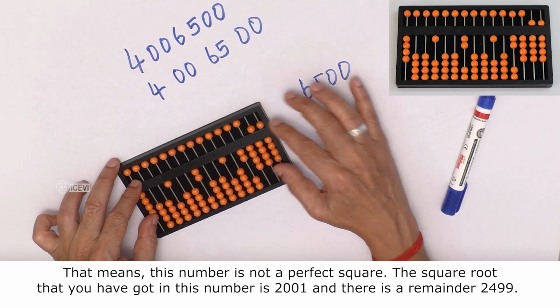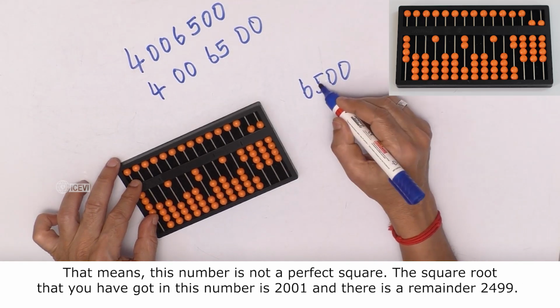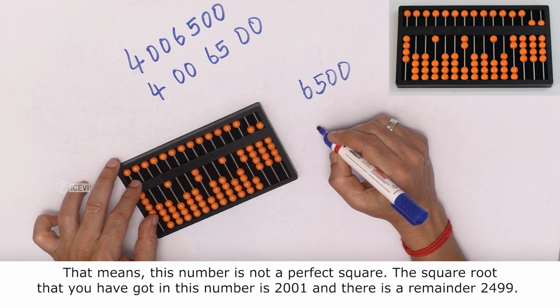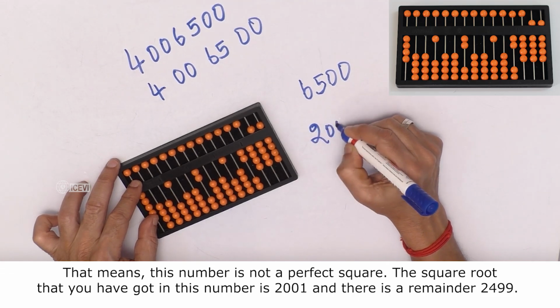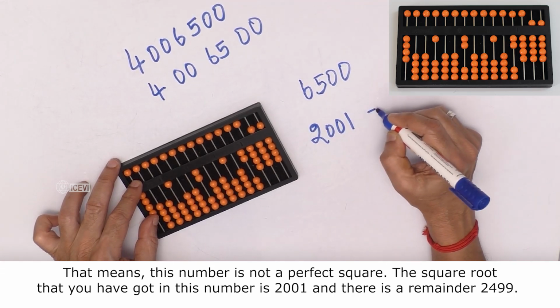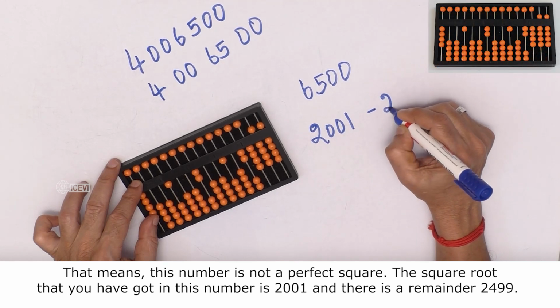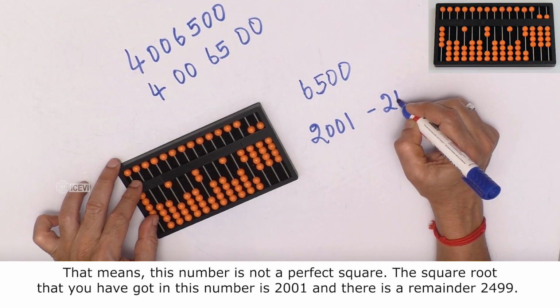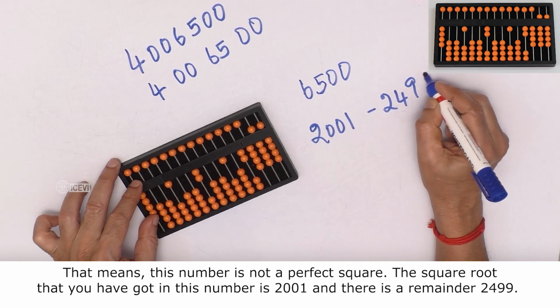That means this number is not a perfect square. The square root that you have got in this number is 2001 and there is a remainder 2499.